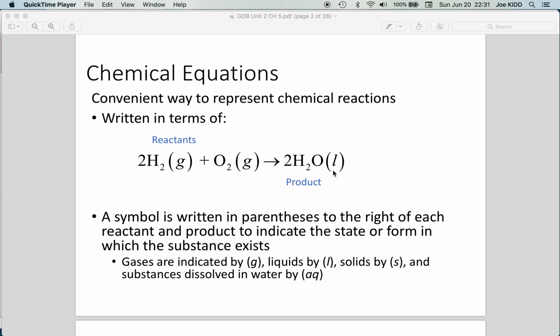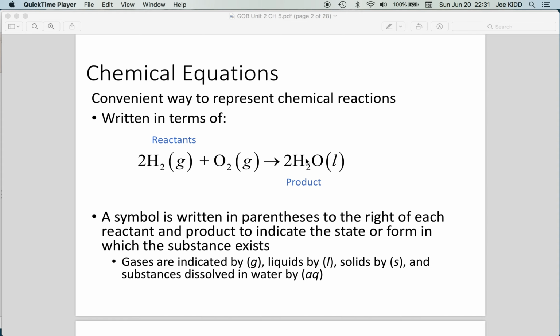A couple of different things we need to address here: one, we're going to pretty much always use the symbol of the element or molecule that we're writing. Another really important thing is utilizing these guys right here. These are the states of matter, so solid, liquid, gas. We'll also talk about something called aqueous, that we represent with AQ, and that's a special kind of solution, a solution that is dissolved in water.